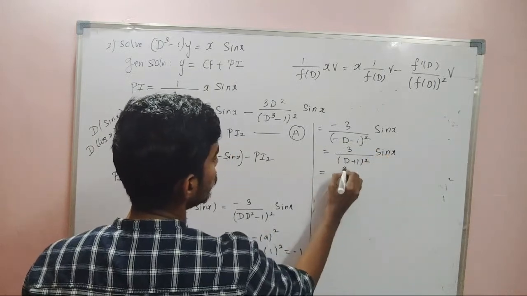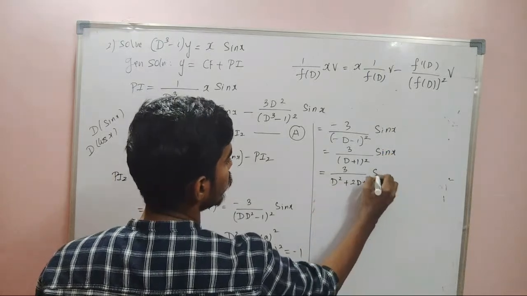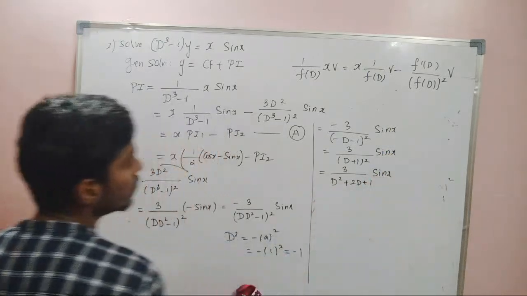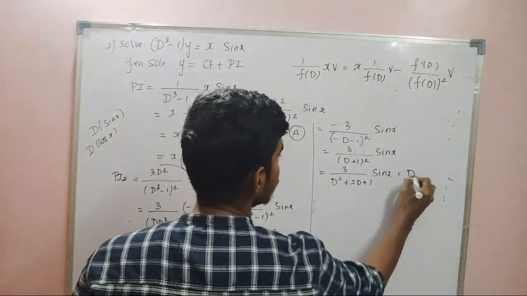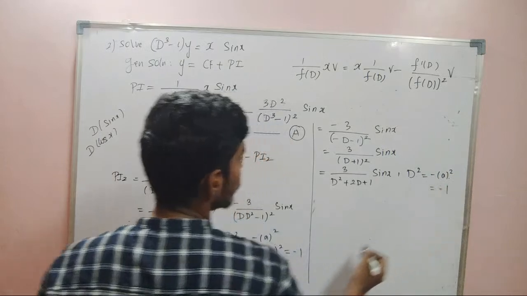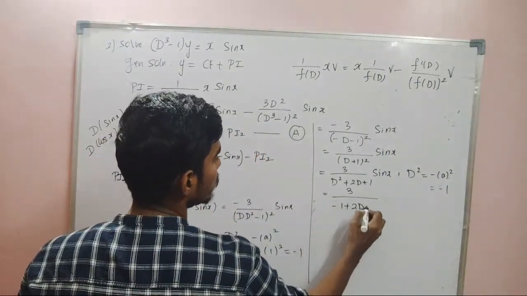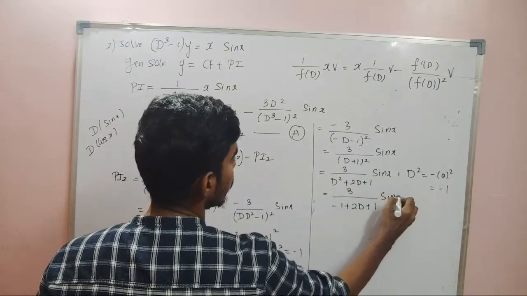So this will be 3 by d square plus 2d plus 1 sin x, right? So we will replace d square with minus a square. So again it will be minus 1. So this will be 3 divided by minus 1 plus 2d plus 1 sin x, right?